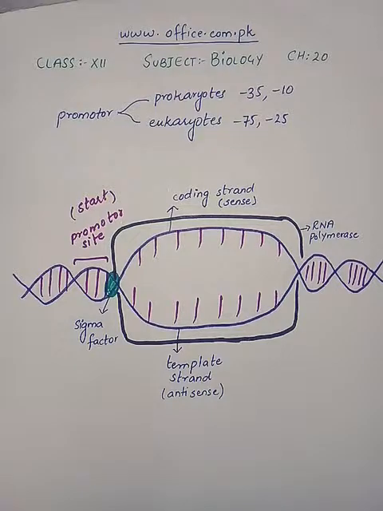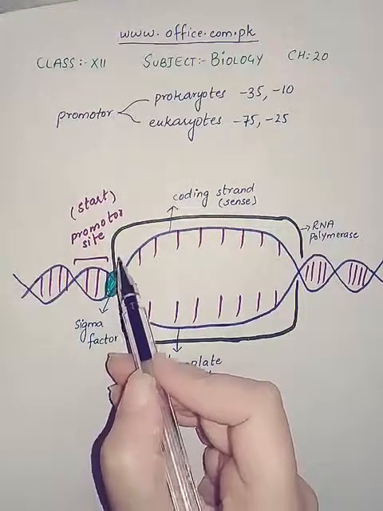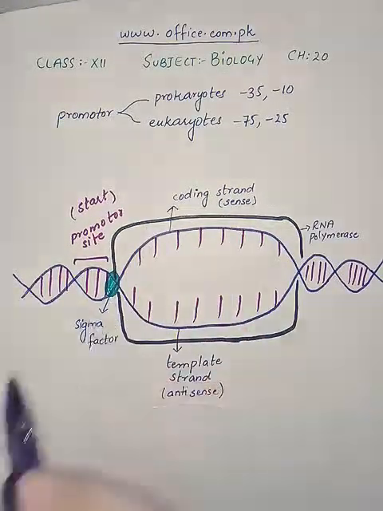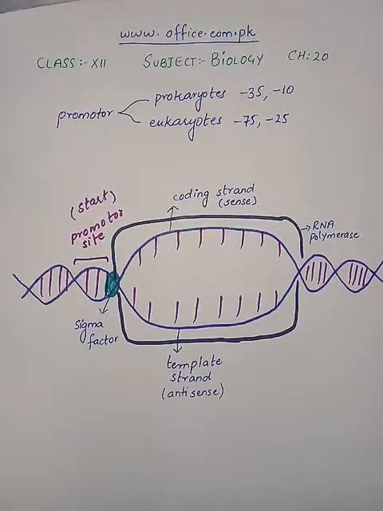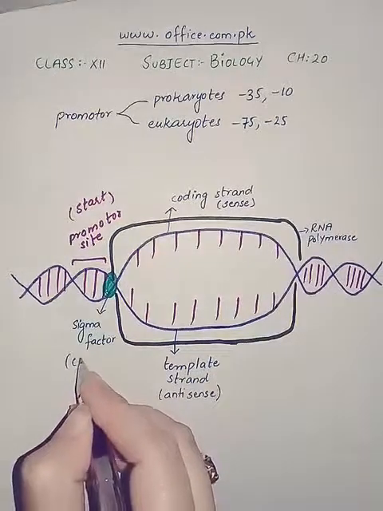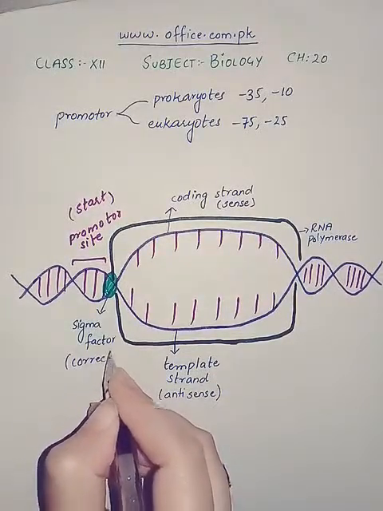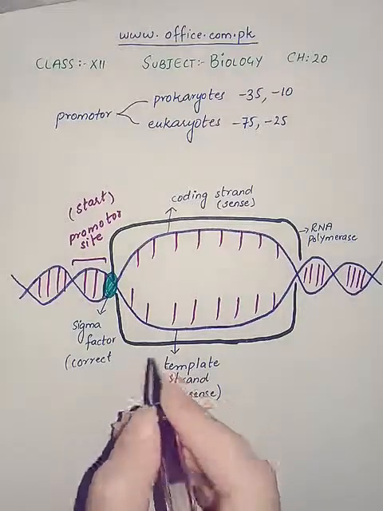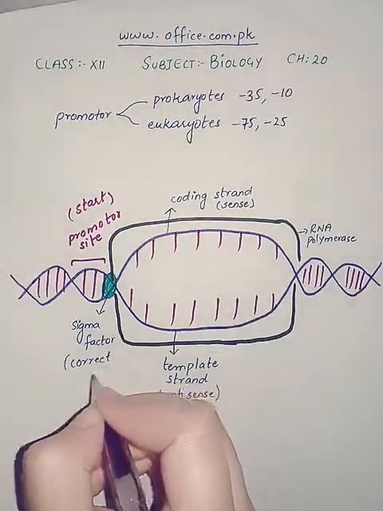Now there is one subunit of this RNA polymerase which is known as the sigma factor. This factor is basically responsible for the start, and it also makes sure that the process is initiated correctly. This is responsible for correct initiation.